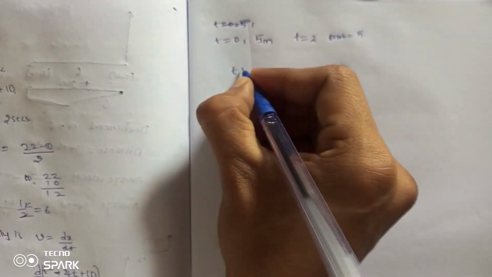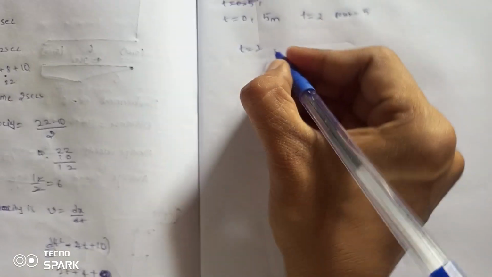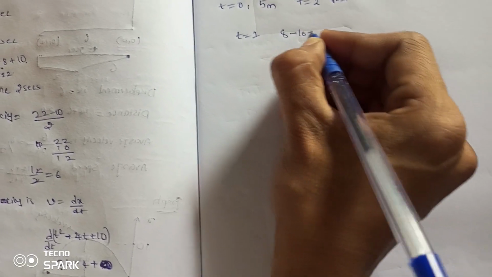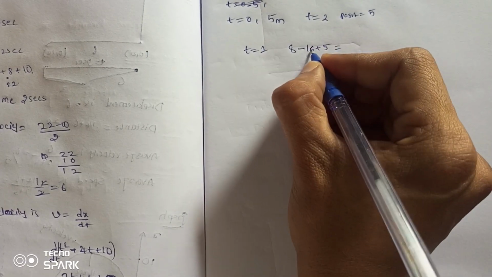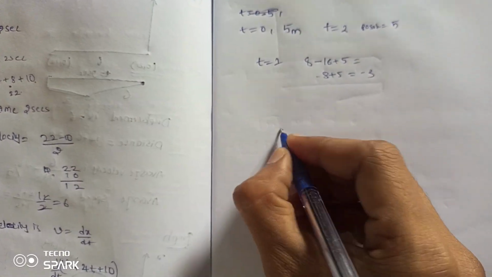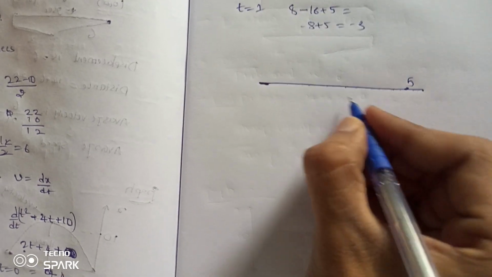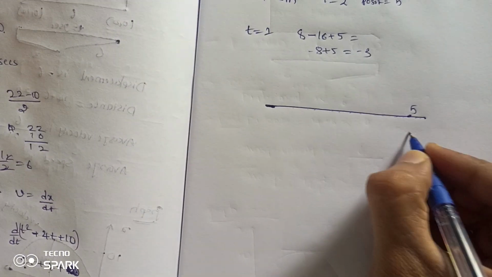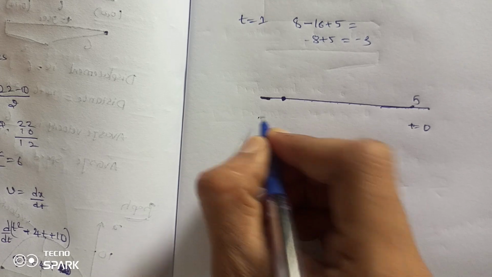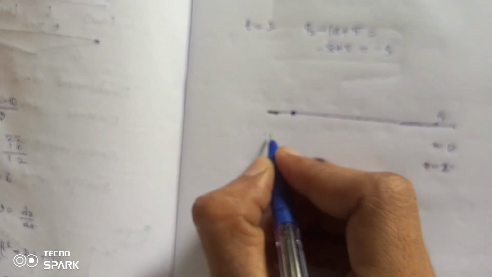That means at t equal to 1 second, 8 minus 16 plus 5 is minus 8 plus 5, which is minus 3. That means a man starts initially at 5 at t equal to 0 second, and the final position at t equal to 2 second is also 5.